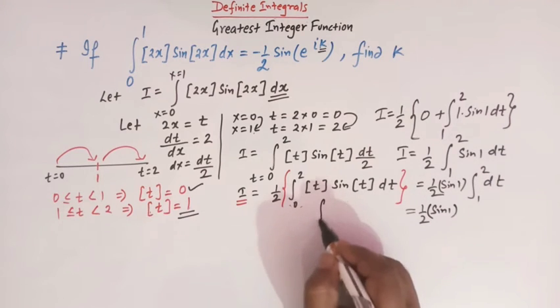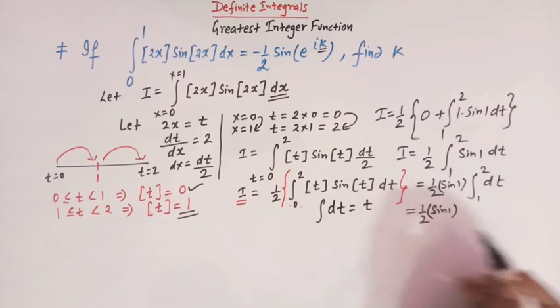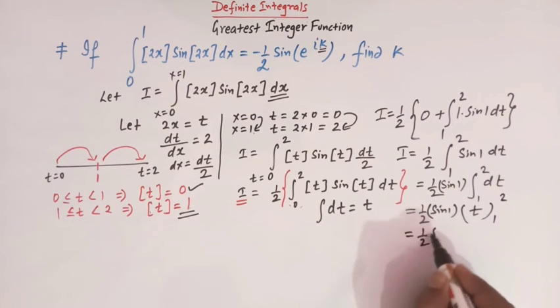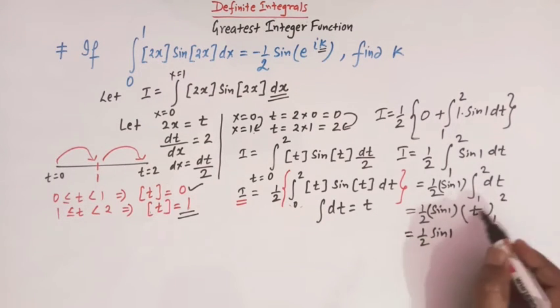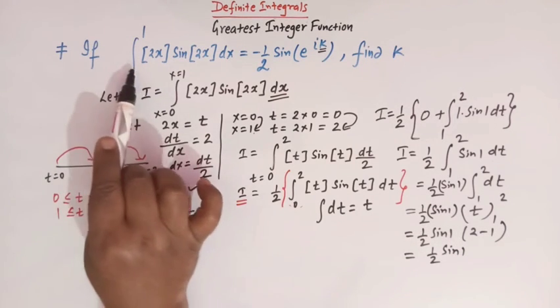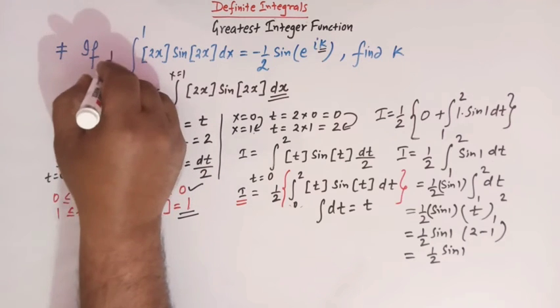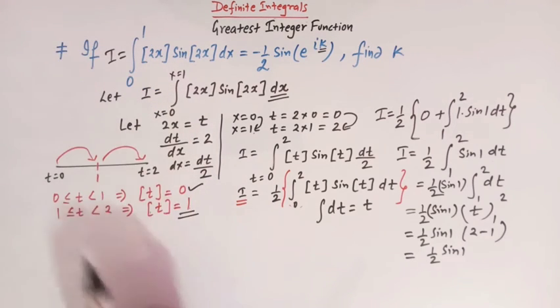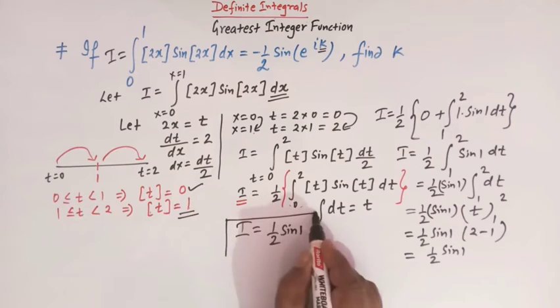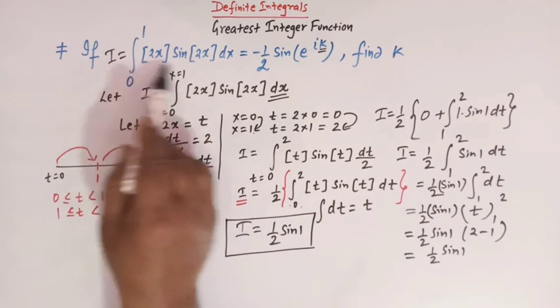The integral of dt is t, and the limits are from 1 to 2, so we have half sine 1 times 2 minus 1, and that is half sine 1. So viewers, the value of this integral, which was taken as I, is equal to half sine 1. So this is the value of this integral.